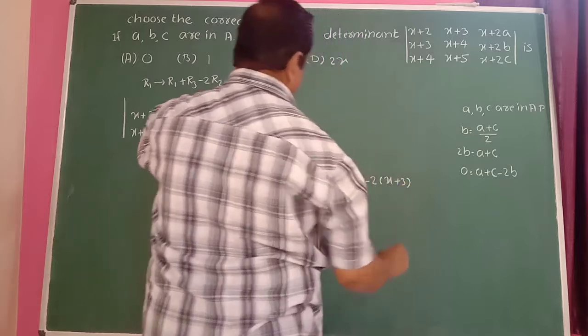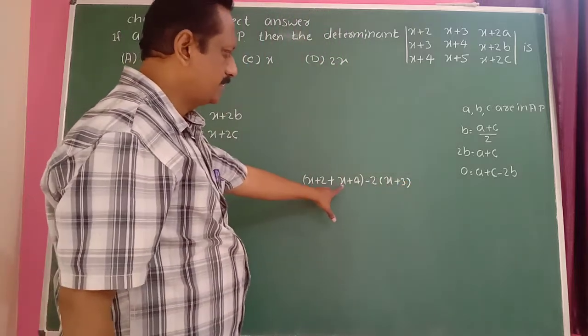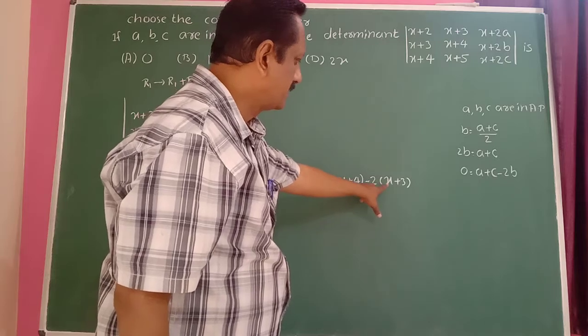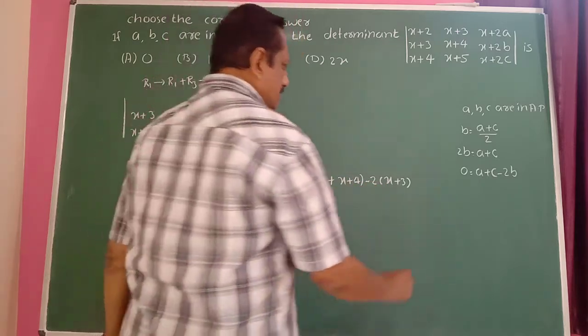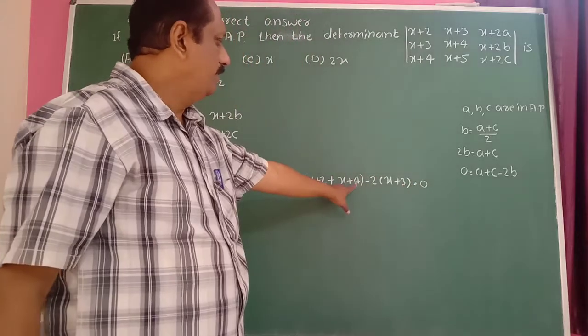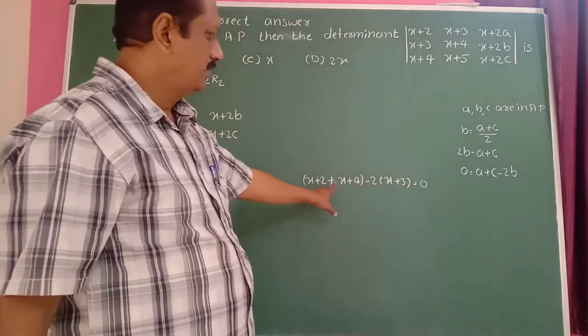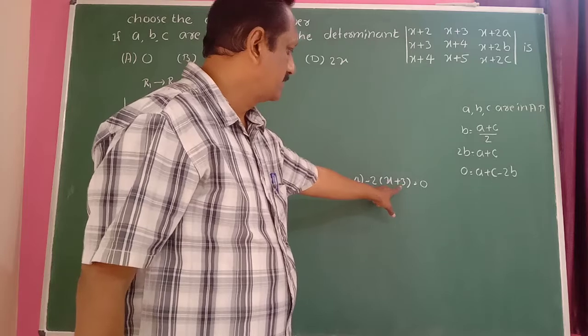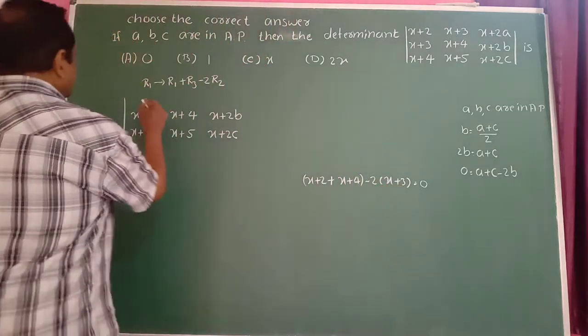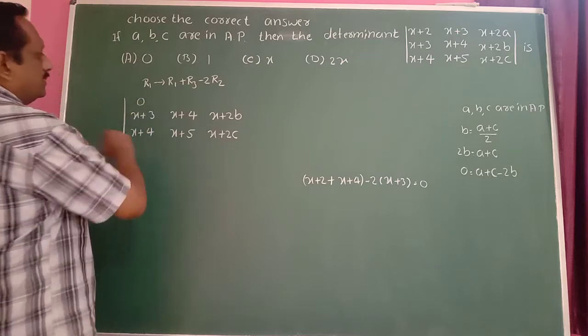Here x plus x becomes 2x. Take minus 2 inside, minus 2x. 2x minus 2x cancels, it is 0. And 4 plus 2 is 6. Minus 2 into 3 gives 6. Minus 6 plus 6 is 0. So this element becomes 0.